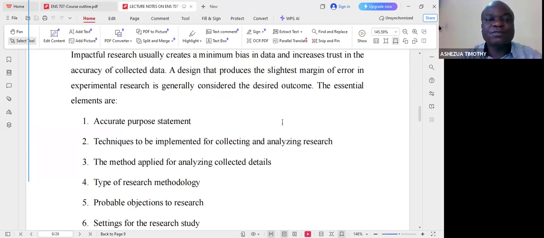Two, you have techniques to be implemented for collecting and analyzing. The method applied for analyzing collected details is very, very important. If you have a small sample size, there's a statistical technique you will use. You deploy the required T test.